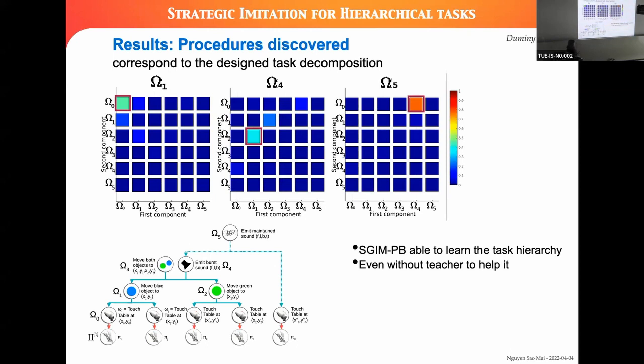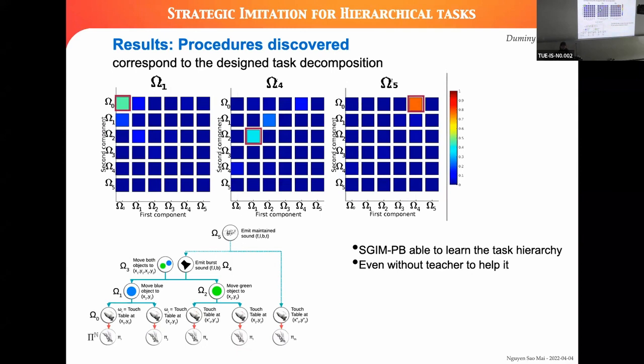So our algorithm was able to learn the task hierarchy, and even without the teacher to help. So for the task omega-5, it doesn't have a teacher, whereas for the others, it had a teacher. So even for the task without a teacher, it can manage to learn.